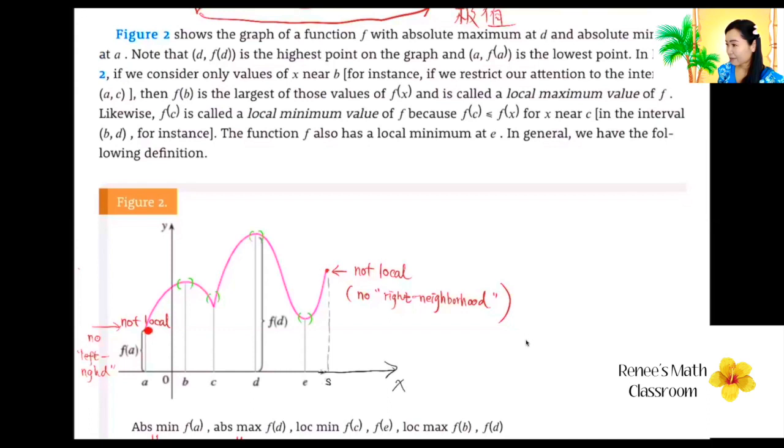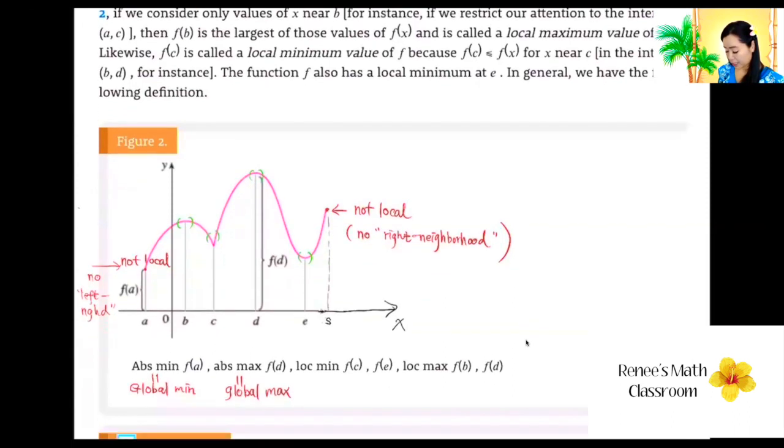The function value is the smallest on this interval from a to s, right? That's the function value. The absolute maximum here is f of d, the function value at this point. That is the largest function value on this domain from a to s.